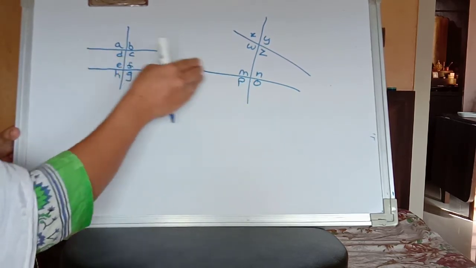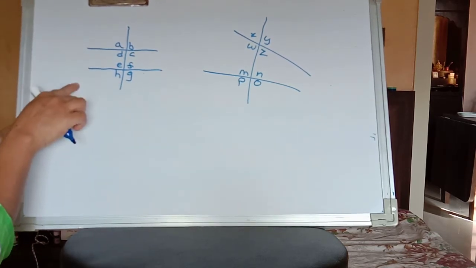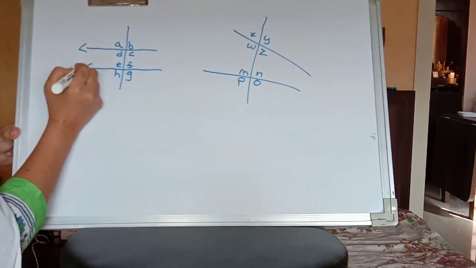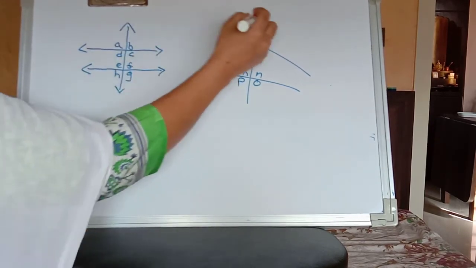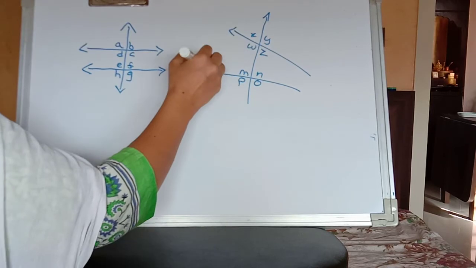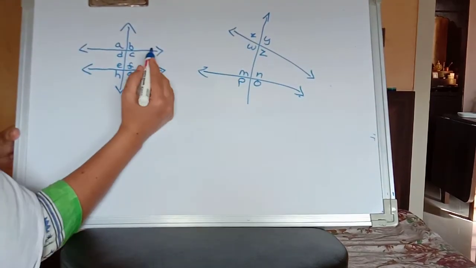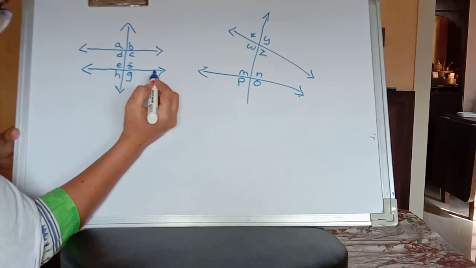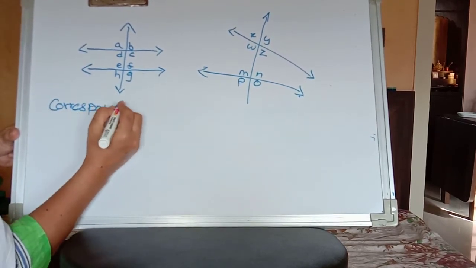So what is the difference between the properties of these angles if the lines are parallel? This concept is very important. You need it in 9th and 10th, in geometry. Please listen carefully. If the lines are parallel, then corresponding angles will be equal.